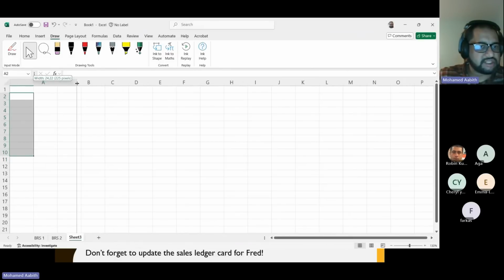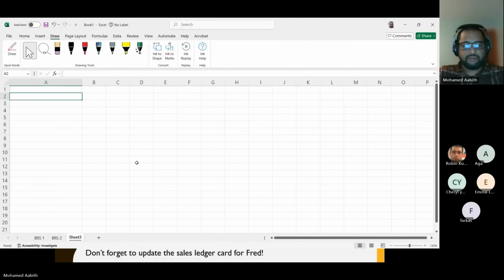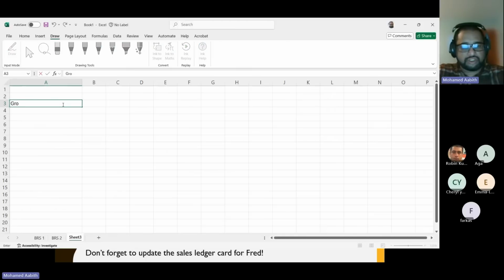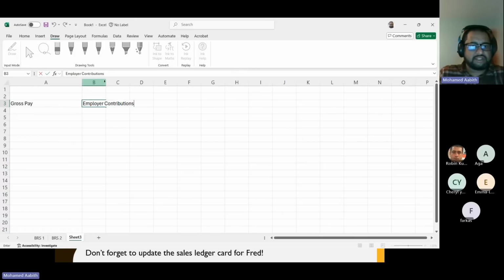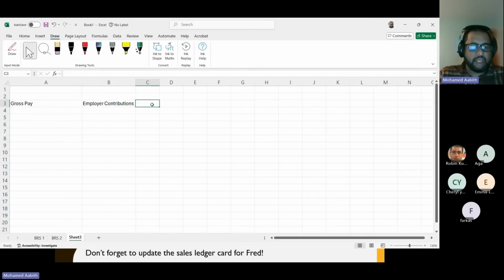So let's bring this in now. The total cost of employing you is your gross pay plus any employer contributions. This is what is going to equal what we call your wages expense.